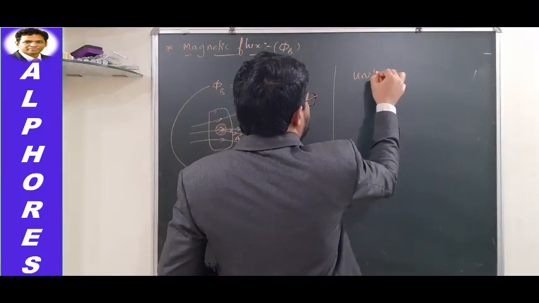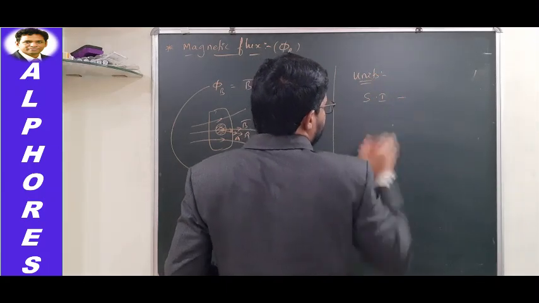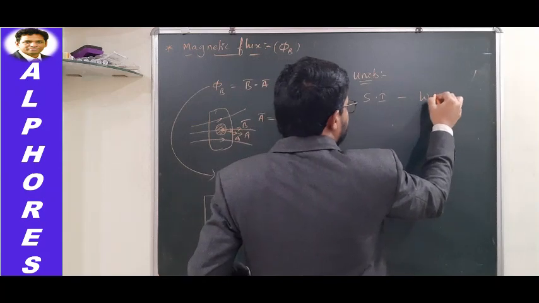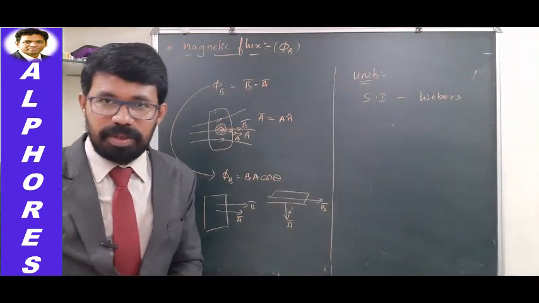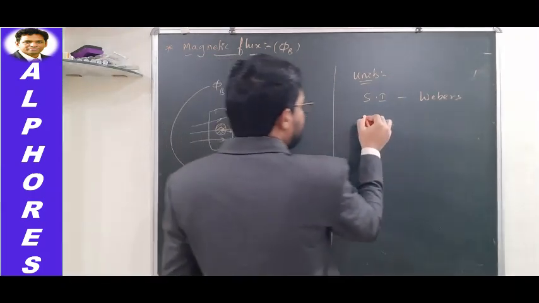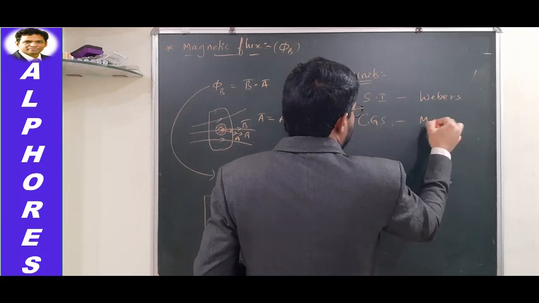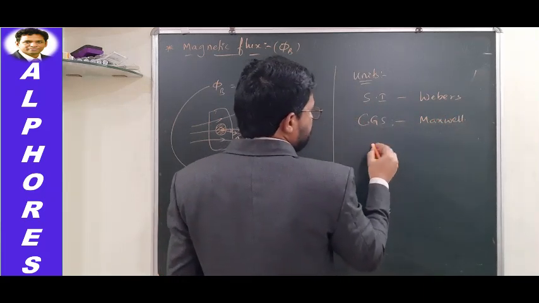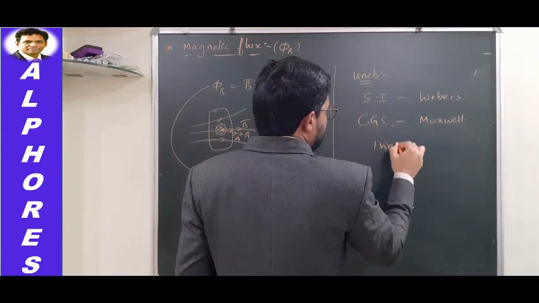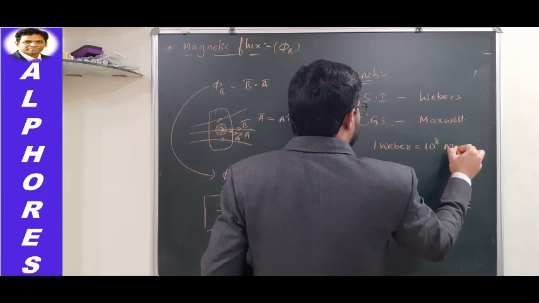And what about the units of flux? In SI system, the units are Webers. It is expressed in Webers. In CGS system, it is expressed in Maxwell. 1 Weber is equal to 10 power 8 Maxwell.